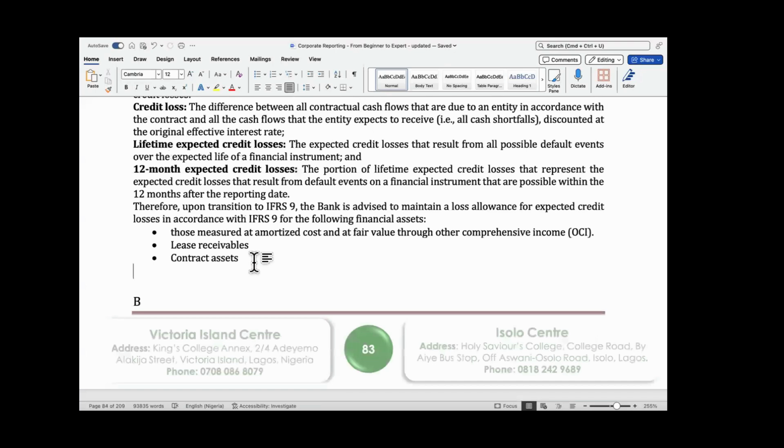It's just an estimate you would make based on experience. In the exam, they will give you a rate. They will tell you how you would compute it. They don't want you making estimates, because it would be difficult for the examiner to mark when everybody is making their own estimate. So that's how it works.